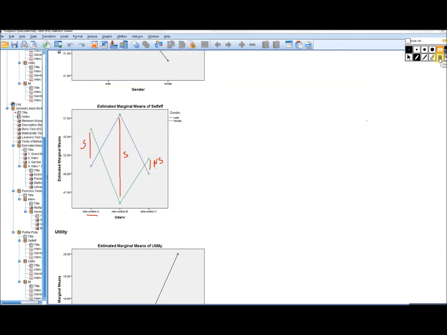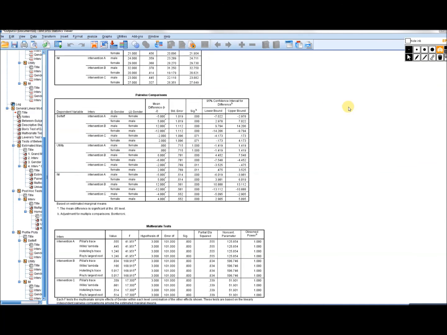Going a little bit further, and taking another look at utility, there was no difference between males and females in intervention A. You saw that males scored higher than females in B, and females scored higher than males in C, and both of those differences were significant.